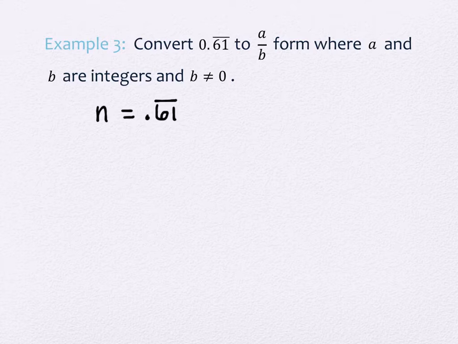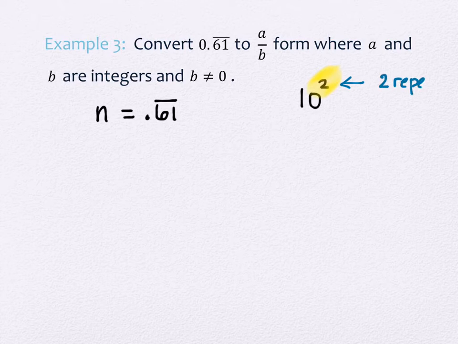Okay, so the number I multiply by, write this down. The number I multiply by depends on how many repeating decimals I have. It's a power of 10. So this is 10 squared that we're going to multiply by, and the square is happening because I have 2 repeating decimals.